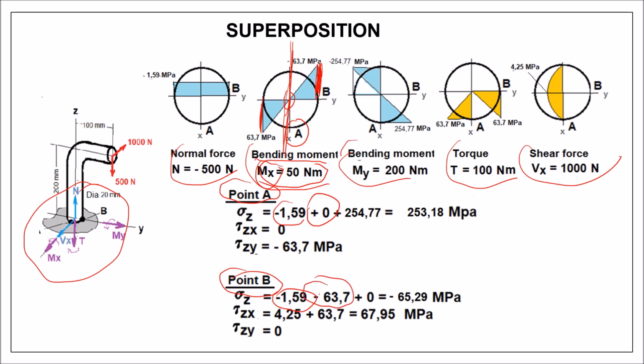If you take the bending moment My, in this case your neutral axis is here. For A, you have now positive maximum, that means this value, and for B, since it is on the neutral axis, you have 0. So first we have calculated in this section the normal stresses for point A and for point B. Okay, superposition, that was not too complicated.